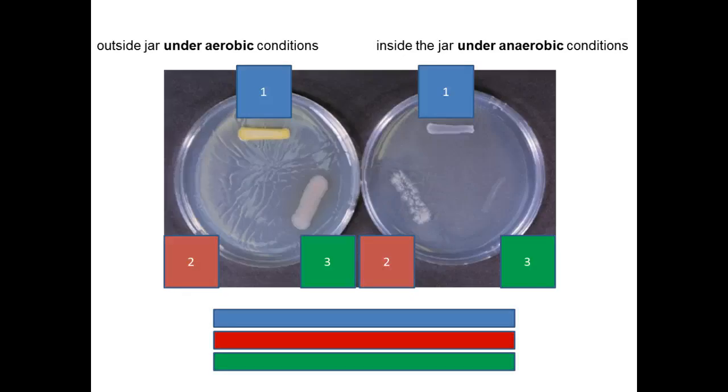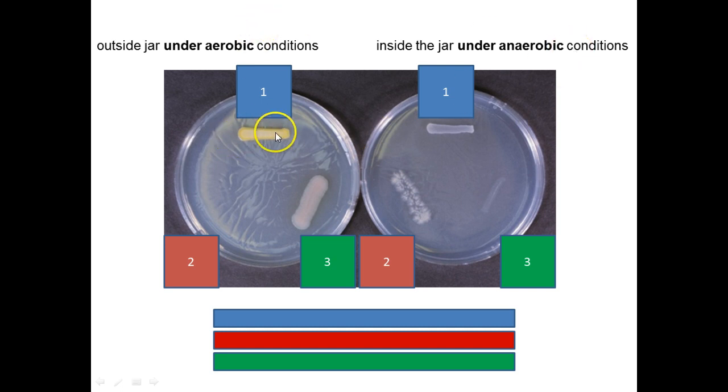So these are examples of plates put under those two different conditions. Notice that we have aerobic conditions outside the jar, anaerobic inside the jar. And they streaked three different organisms all on these plates in the same orientation. So number 1 represents the same organism under the two different conditions.